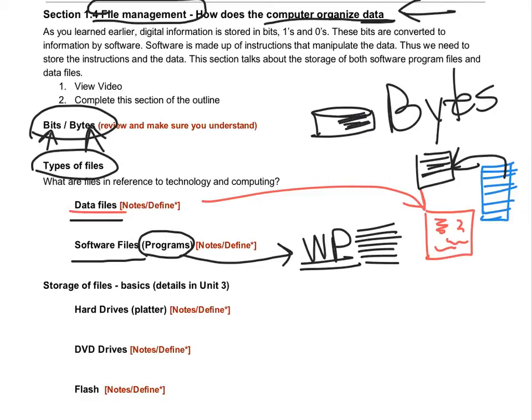So if your word processor is Microsoft Office, it will store this data file in some form that matches Microsoft Office, and then it'll have that extension.